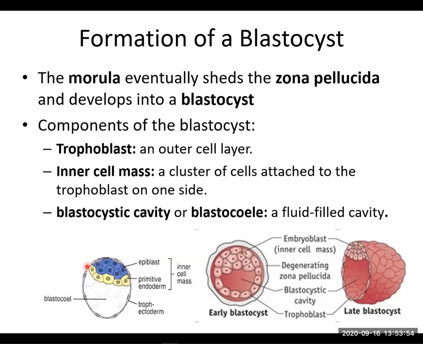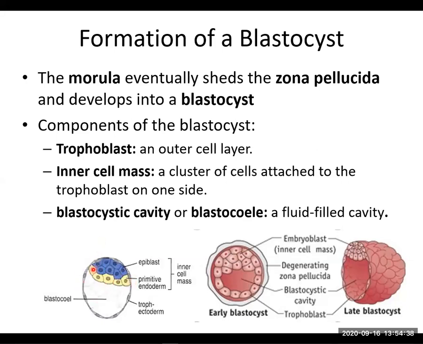The original zona pellucida is already broken apart, so the whole thing can expand, and the outer portion is formed by a layer of cells. This layer of cells is called the trophoblast. Yeah, that's the term I was looking for. Trophoblast.